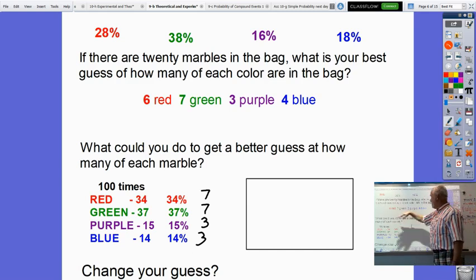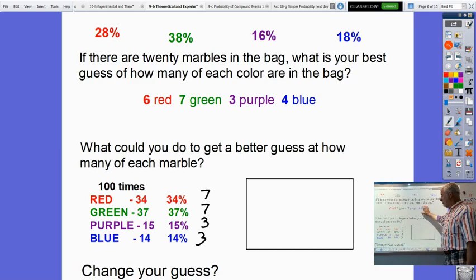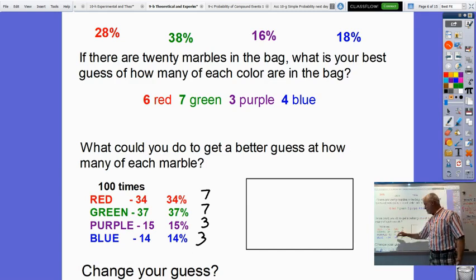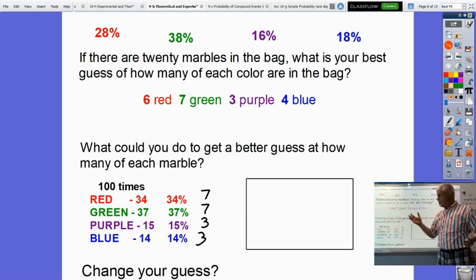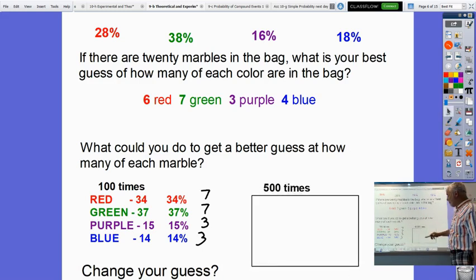Instead of 6 red and 4 blue, you just tweak your numbers a little bit to match, because the more you pull out of the cup, the better your experimental result is going to be, the closer it's going to be to the actual results that are in the cup.